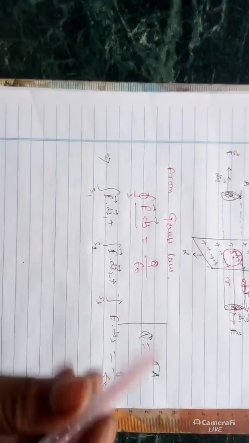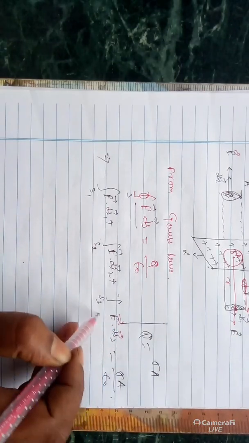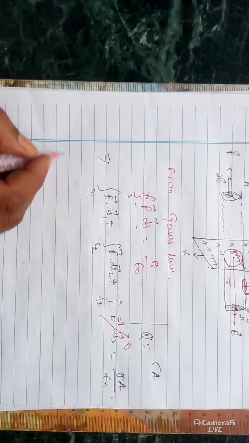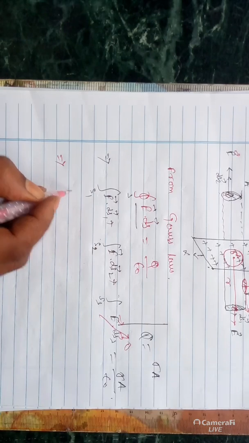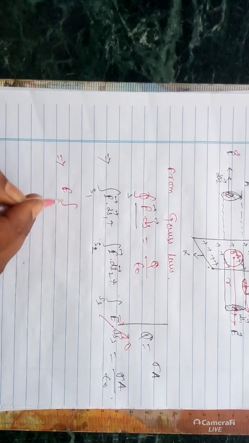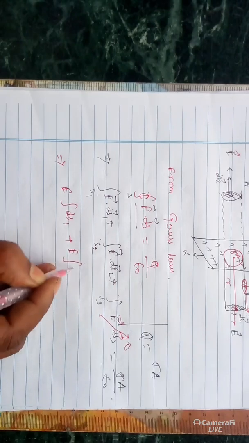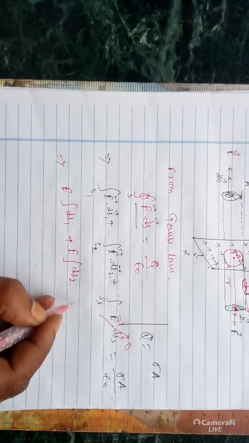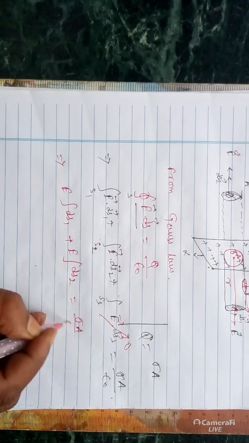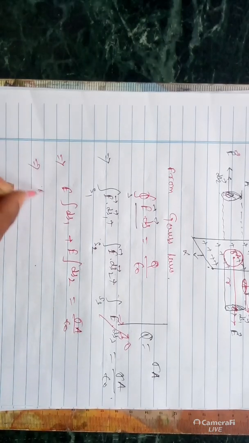So notice here from the surface dS3 is 0 flux, so this will become 0. E dot dS1, E will be constant, and dS1 if we take integration, plus E will be again constant, dS2, very easy, equals sigma into A by epsilon naught.